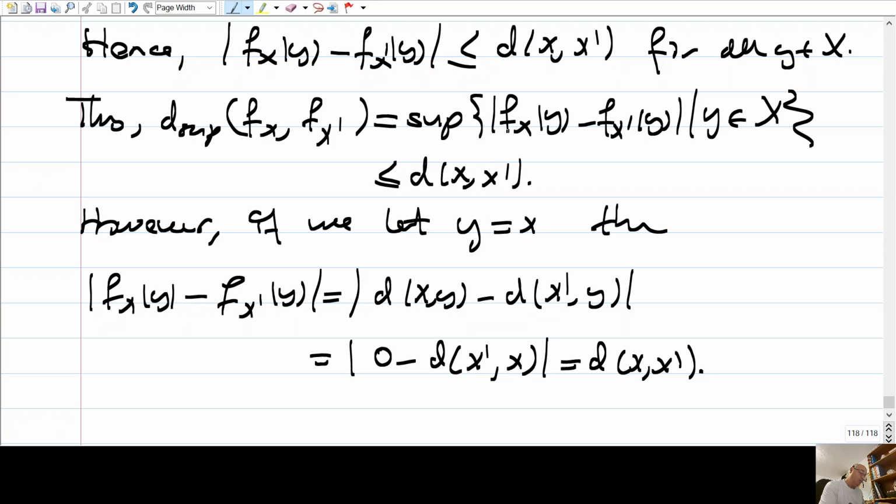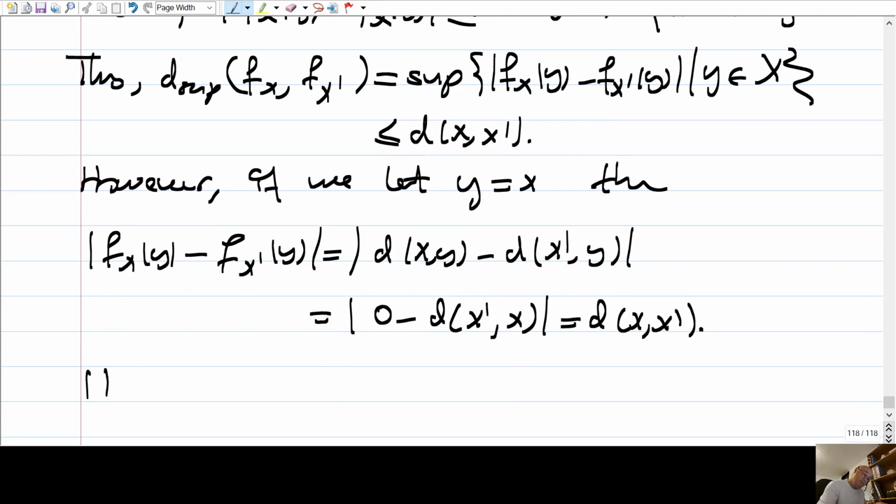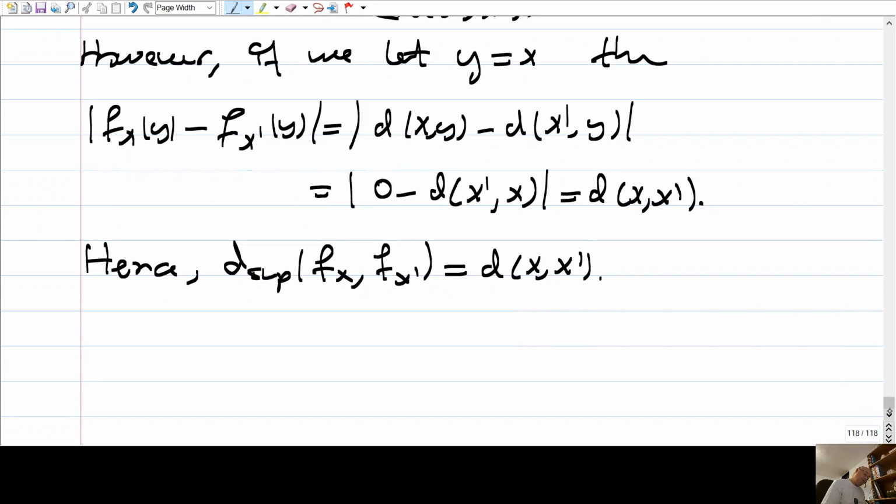Therefore, its supremum is not merely less than or equal to this, but actually equal to this. Hence, the supremum metric between f(x) and f(x prime) is really d(x, x prime).